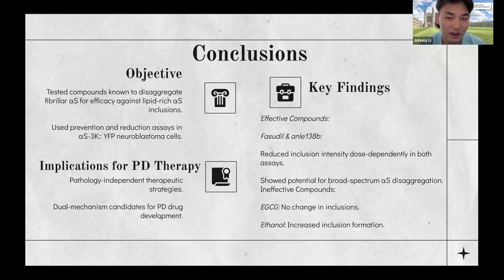So I feel like the safest choice to say which would be the most effective would probably be Anli. I'm not sure if you have done any further research with these, but if I were to make a bet, I feel like Anli would be the best just because of how potent it is in reducing inclusion formation, even in lower concentrations, such as the 3 micromolar, as we discovered.